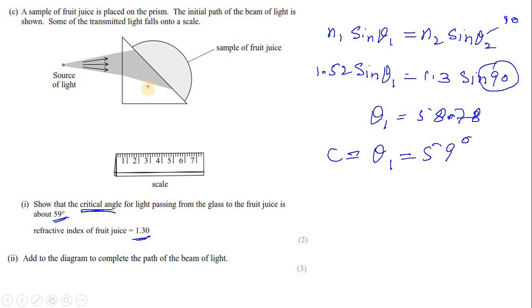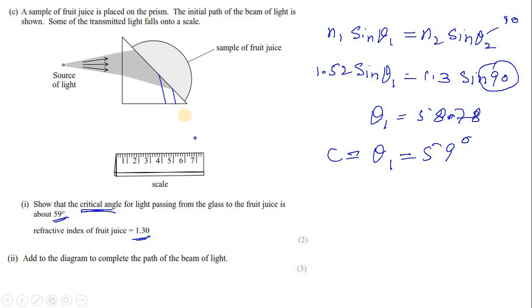So you can imagine some light will be coming from here, something like this. It is totally internally reflected, and some light is also again coming from here, something like this. And then after that they will move away from the normal.